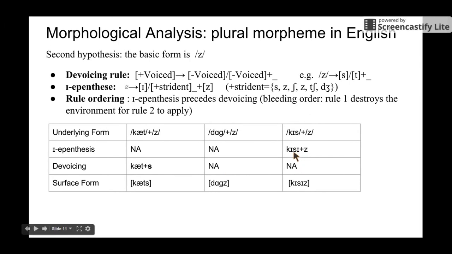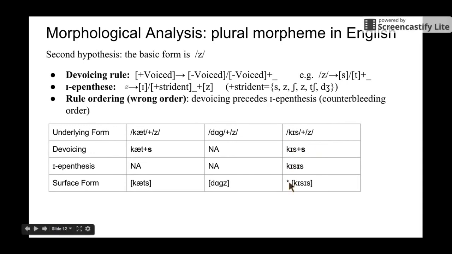Because originally we have a voiceless sound. This sound will trigger the devoicing rule. However, if we have the vowel insertion, then the environment is destroyed. And for this wrong order case, it's the opposite order of the bleeding order, so it's called counterbleeding order.